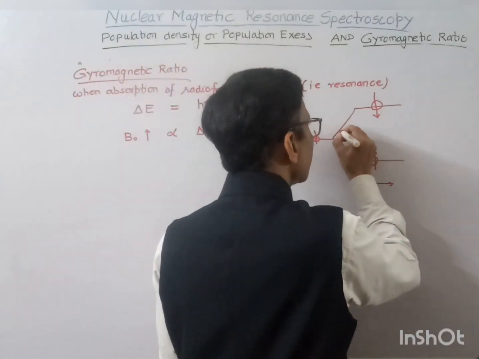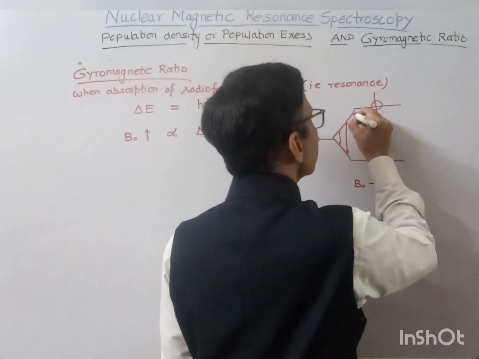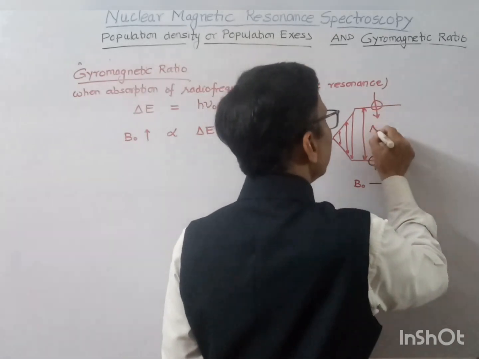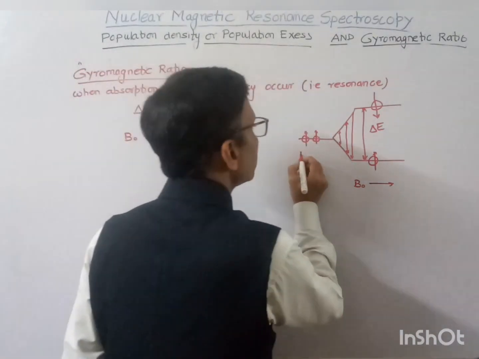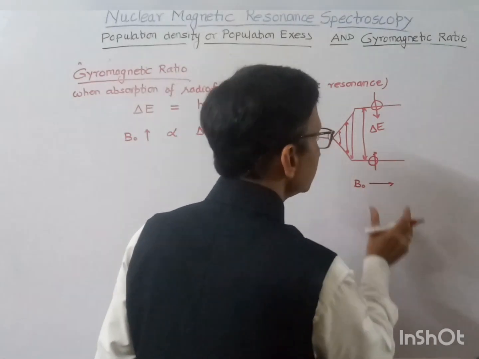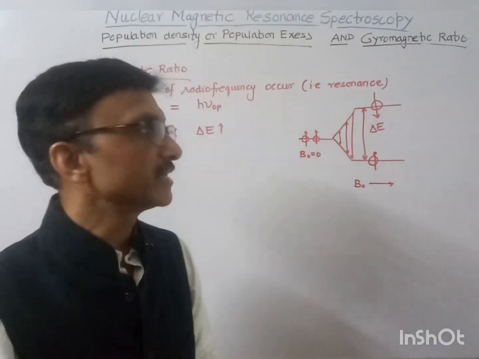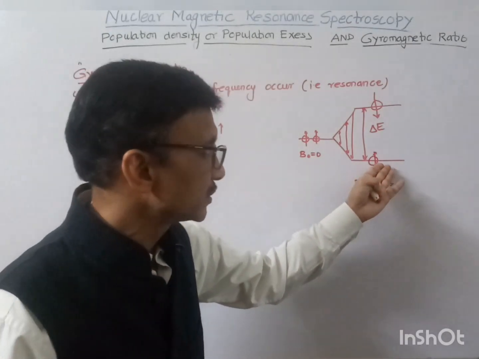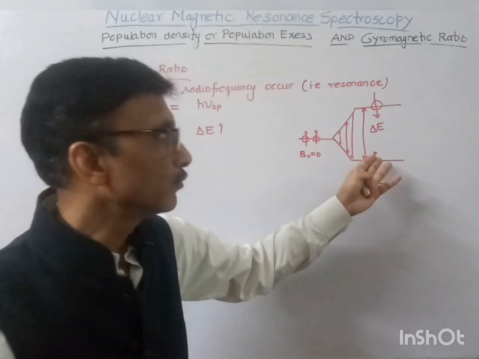As you can see here, at this much B0, this is the energy difference, and so on. Here the external magnetic field is equal to 0 at this position, and as we increase the external magnetic field, the delta E energy gap increases and we get a good signal, because in such a case the lower energy state is more populated.